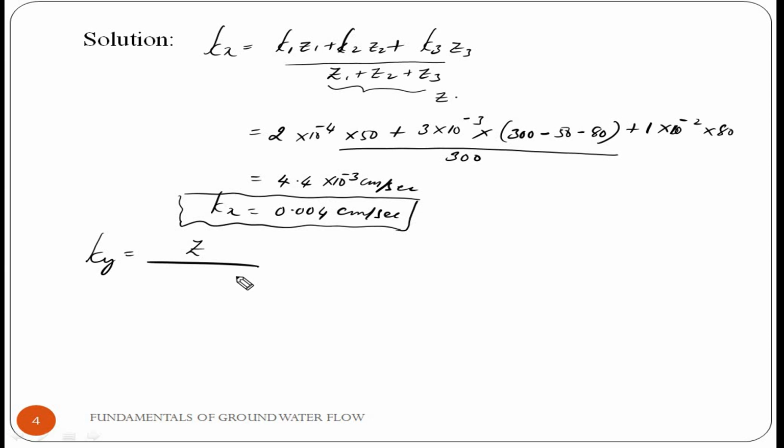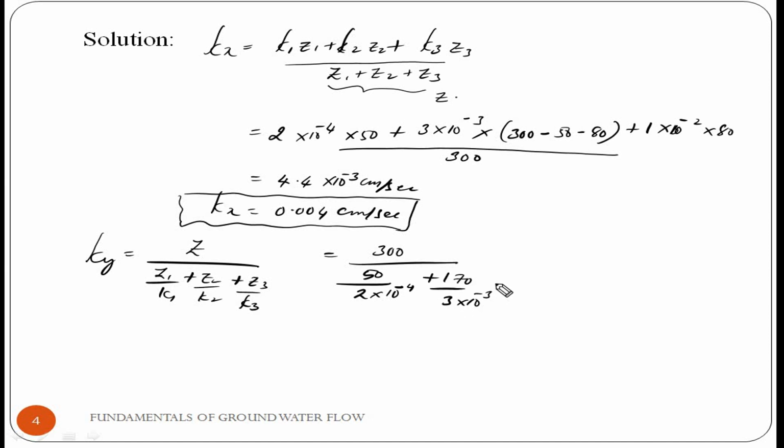The equation for perpendicular to the bedding planes is Ky equals Z divided by Z1 by K1 plus Z2 by K2 plus Z3 by K3. So if you substitute the Z value, we know 300 divided by Z1 is 50 divided by 2 into 10 to the power of minus 4, plus 170 divided by 10 to the power of minus 3, plus 80 divided by 1 into 10 to the power of minus 2.